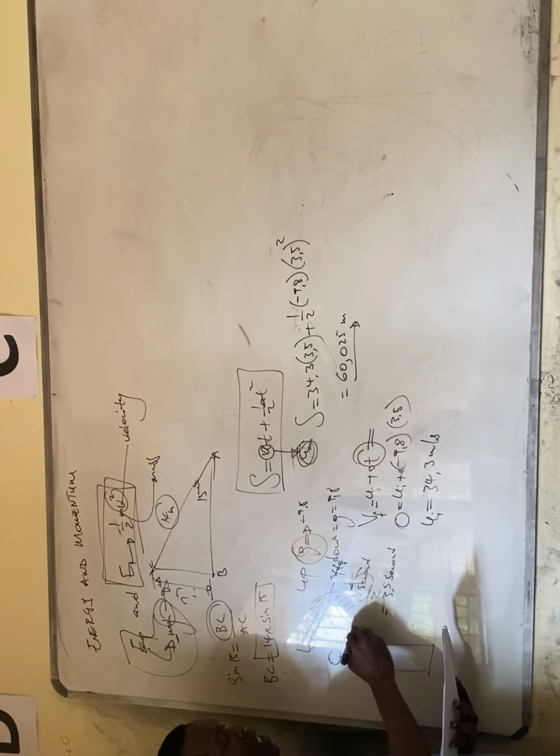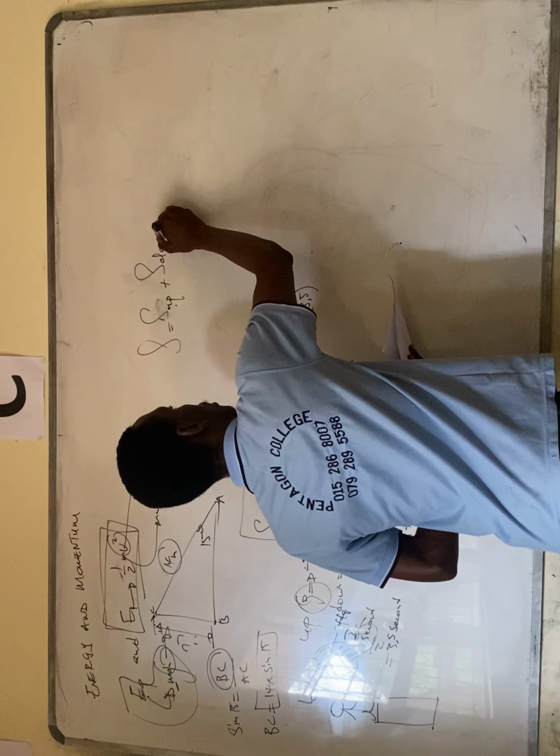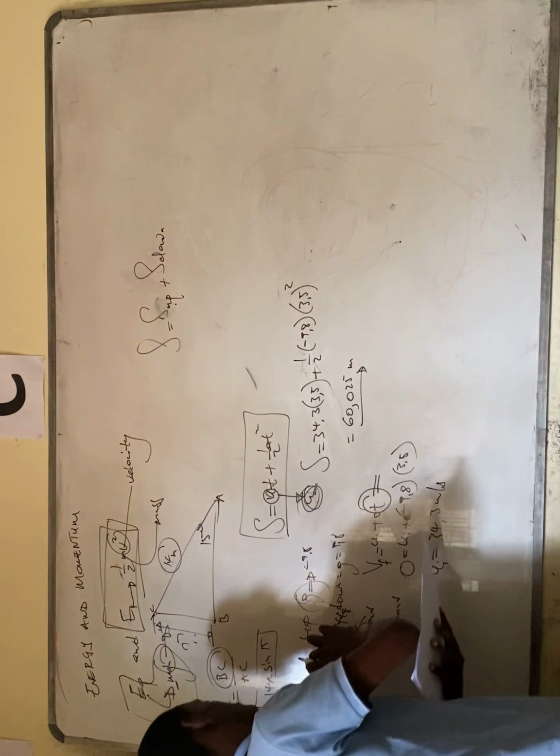For this one, the total distance is the distance upwards plus the distance downwards. We know the distance is the same.